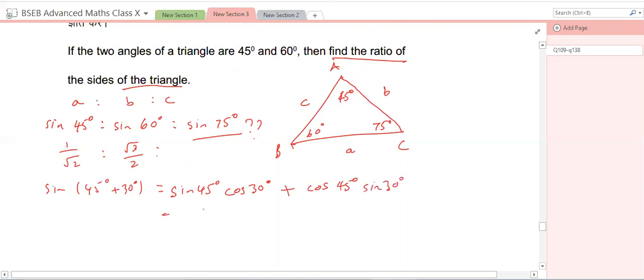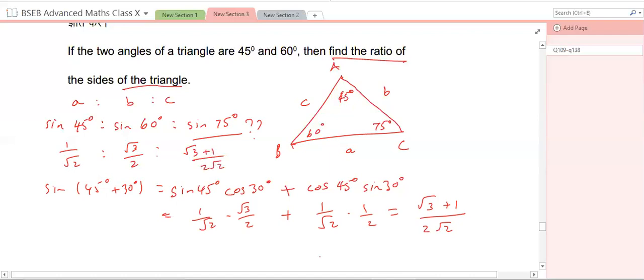Sine of 45 is 1 over root 2. Cos of 30 degrees is root 3 over 2, plus cos of 45 is 1 over root 2. Sine 30 is half. So what we have is root 3 plus 1 over 2 root 2.